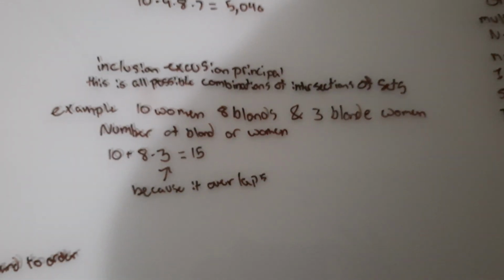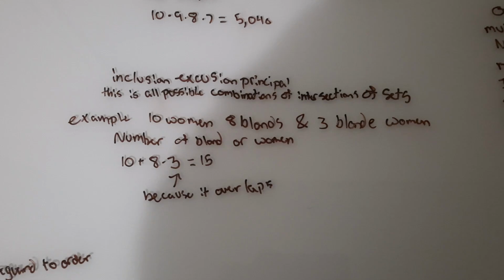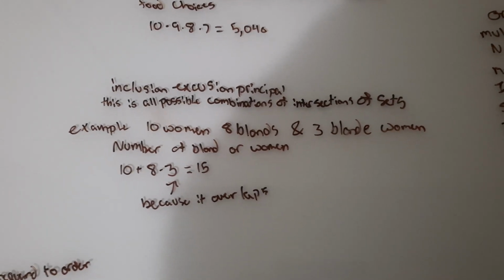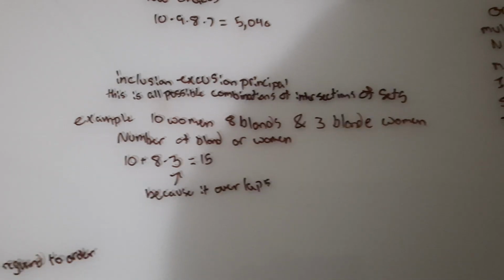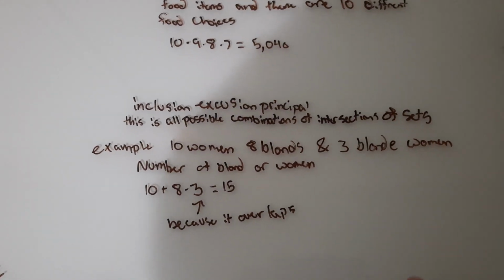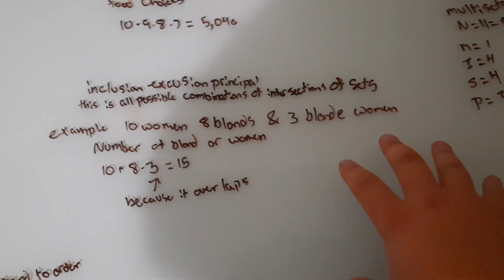The inclusion exclusion principle basically looks at combinations of sets, subtracting the intersections of the sets. So, for an example, I have 10 women, 8 blondes, and 3 blonde women.